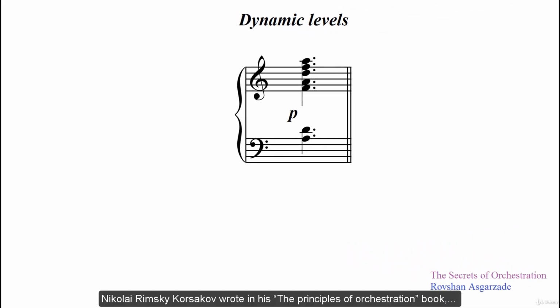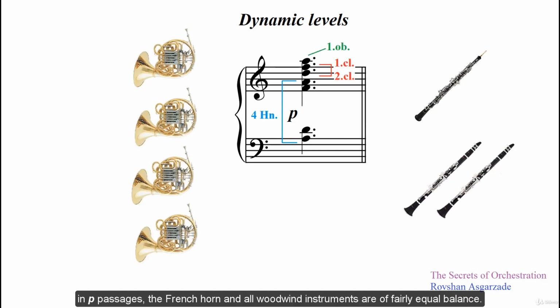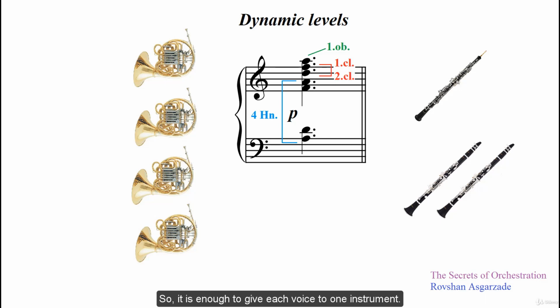Nikolai Rimsky-Korsakov wrote in his book The Principles of Orchestration that in piano passages, the French horn and all woodwind instruments are of fairly equal balance. So it is enough to give each voice to one instrument.